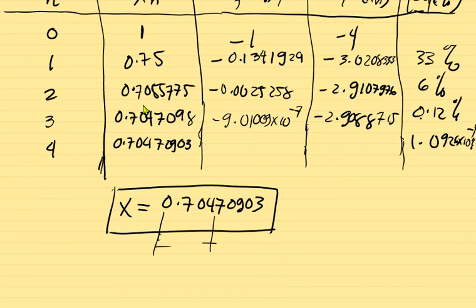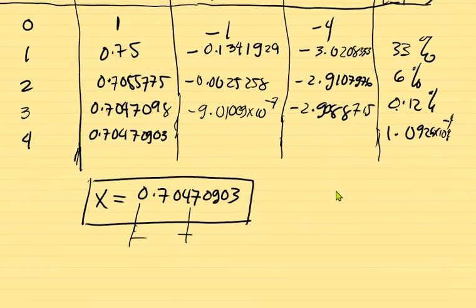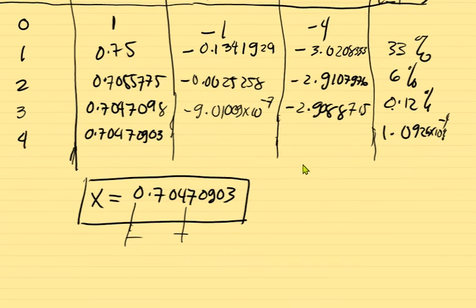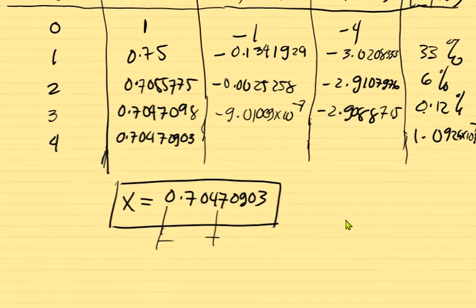This is already accurate if you want up to 4 significant figures because it's 0.705 and our true value is 0.7047. So if we round that off to 3 decimal places, then it's 0.705. So there's an allowance again of 2 or more significant figures.